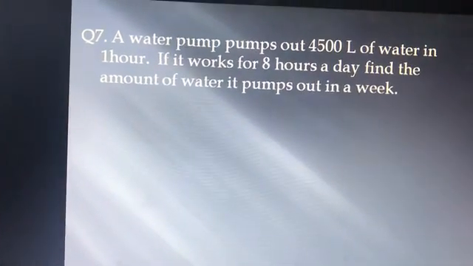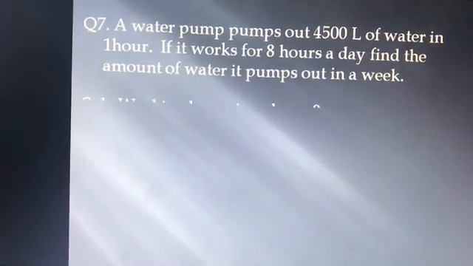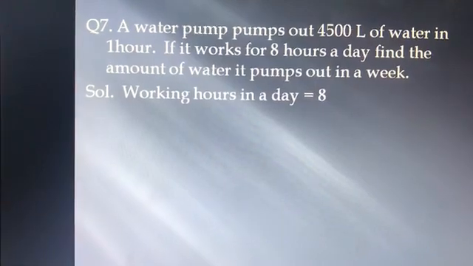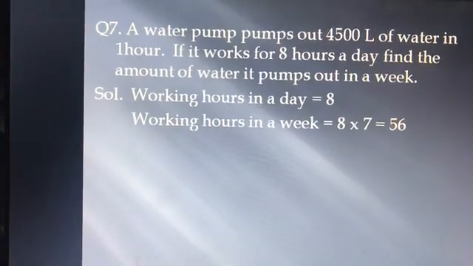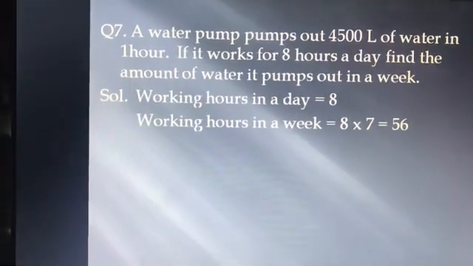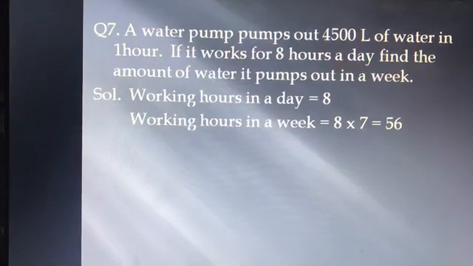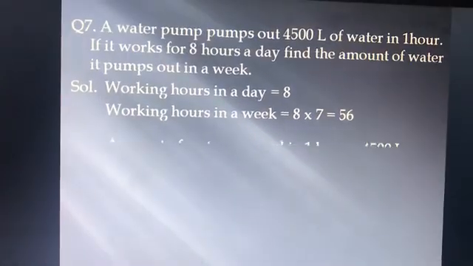So we have to first calculate the number of hours it works in a week. So working hours in a day is 8 and working hours in a week is 8 into 7, that is 7 days of the week. It is 8 sevens are 56. Now we have to calculate the water it pumps out in 56 hours instead of a week.